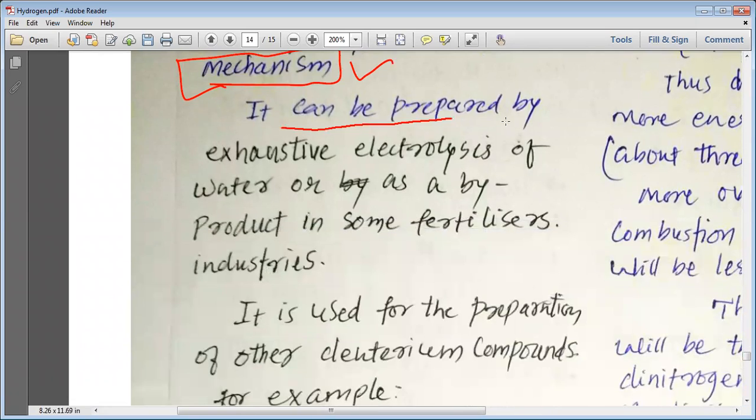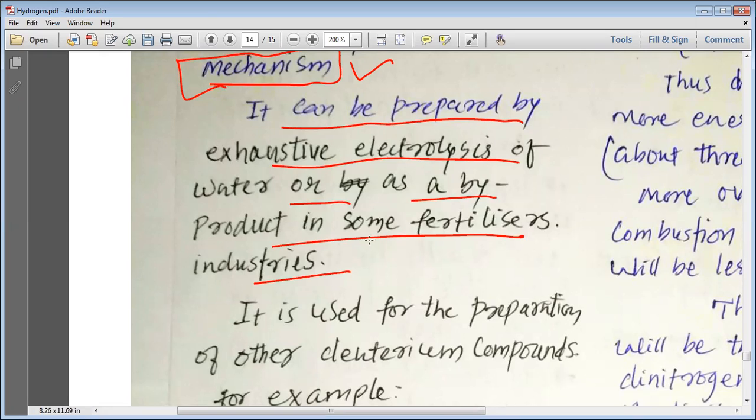Now, how can we prepare the heavy water? It can be prepared by the exhaustive electrolysis of water or as a byproduct in some of the fertilizer industries. So when we do the exhaustive electrolysis of water, my dear students, we can prepare the heavy water D2O.